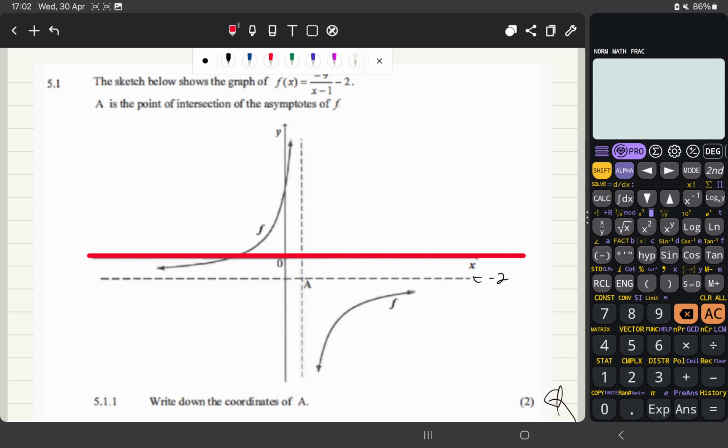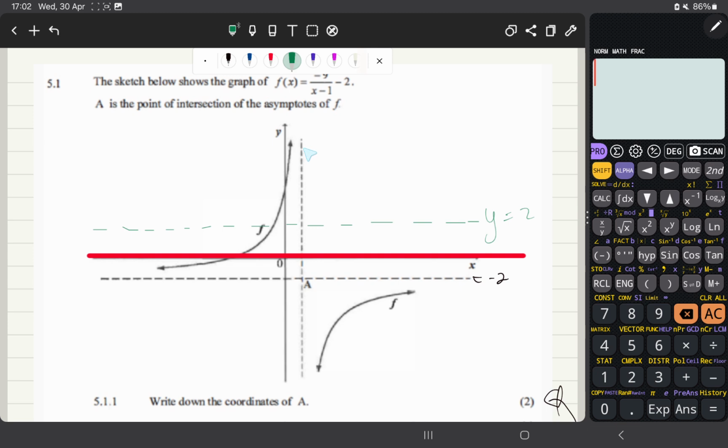So simply put, I'll use a different color. The horizontal asymptote will be reflected about the x-axis. So we're gonna have 1 right here, and this one will be y equals 2.